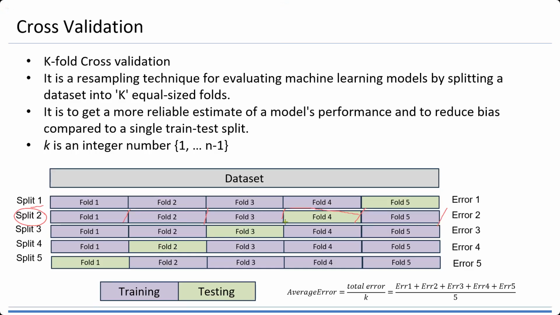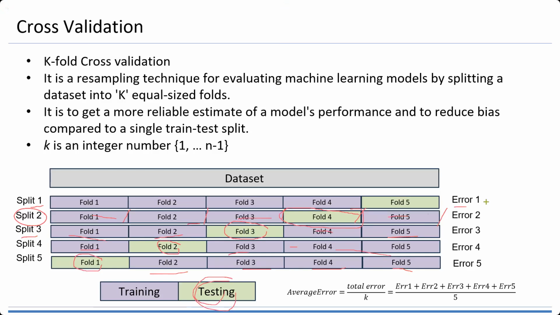Now, this fold will be for the testing, and the remaining will be for the training. Again, for split 3, we will use this fold for the testing, the remaining for the training. This is for the testing, this is for the training, this is for the testing, and this is for the training.